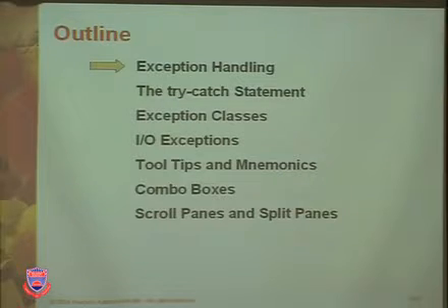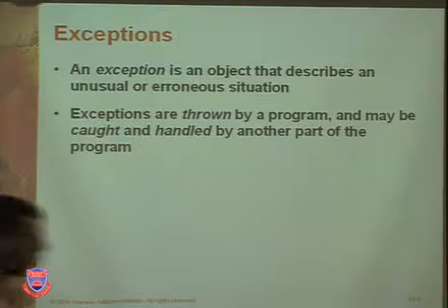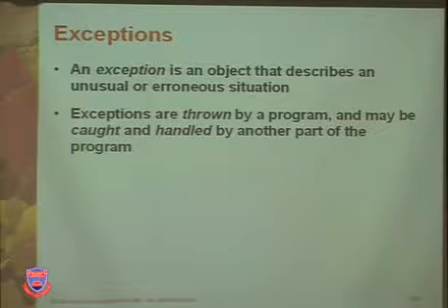So the exception handling: an exception is an object that describes an erroneous state or a problematic situation or an unusual case where your application needs to perform differently. So if you have an unusual event that happened, you would like to react to that by performing some task, and that's what exception means.